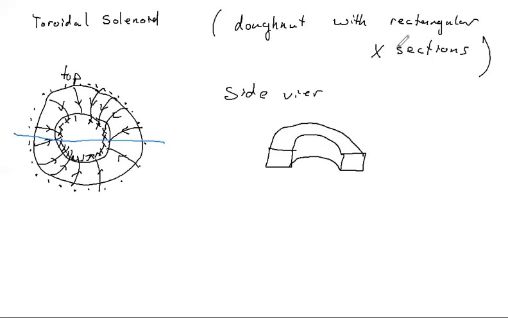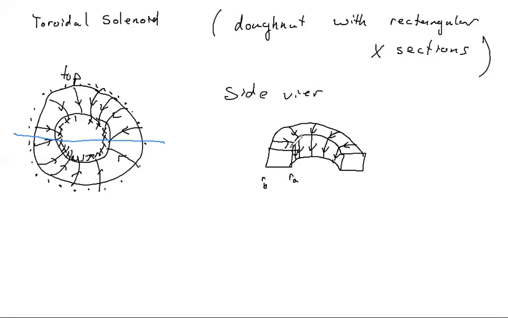And you would have wires which come up over the top and then down, over the top and then down, like that. So it looks like a donut, but if you make a cross section, you'll see that there are rectangles here. And I'm going to label these radii RA and RB. And it's the same on both sides.